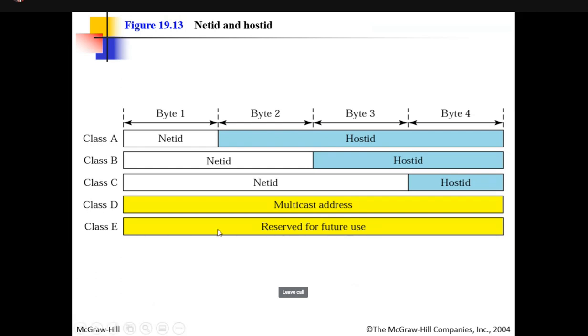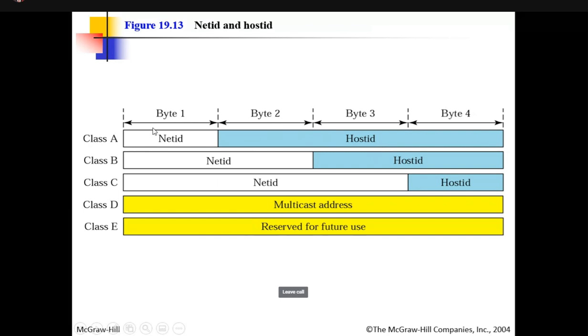So the first byte will be the address of the network, and these 3 bytes will be the identification of the host.